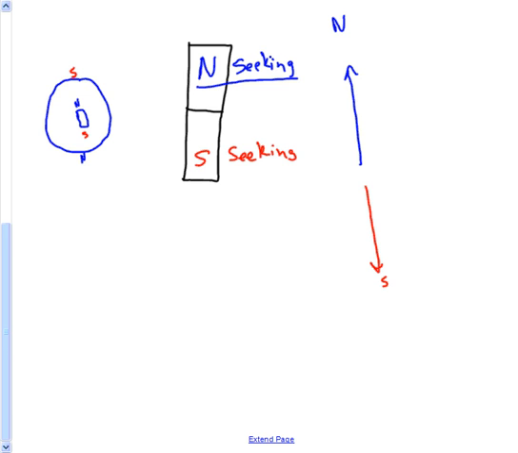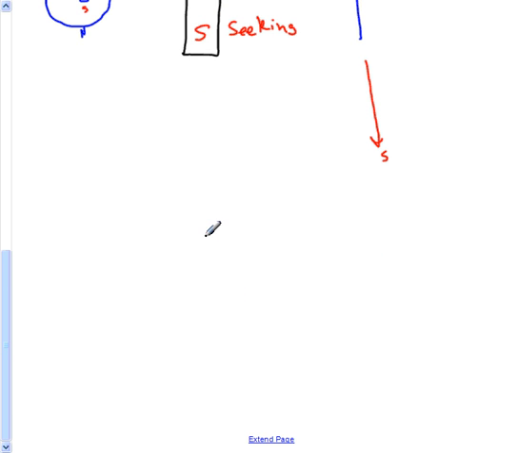But we can also use compasses for another thing. If we take our magnet again, and again we have our north side and we have our south side. Now in black I'm going to draw directionalities of a magnet. If you were to put a compass near the north pole of this magnet, then it's going to point in this direction.